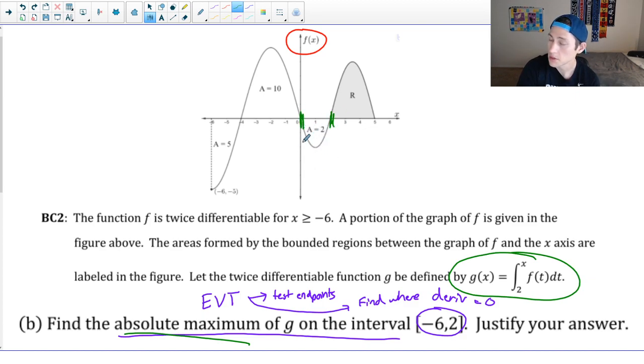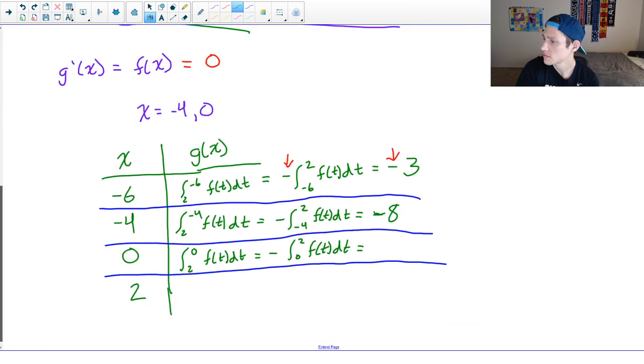Oh, that area is below the x-axis, so it's -2. But we already have a negative, so that's -2, which is +2. All right, it's the largest so far because the other ones have just been negative.